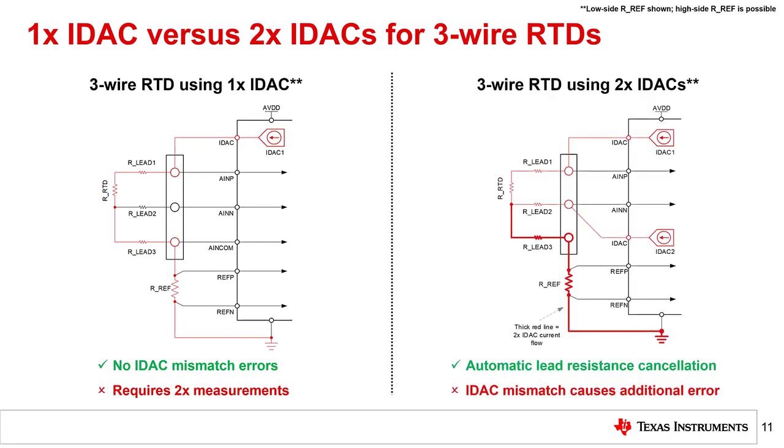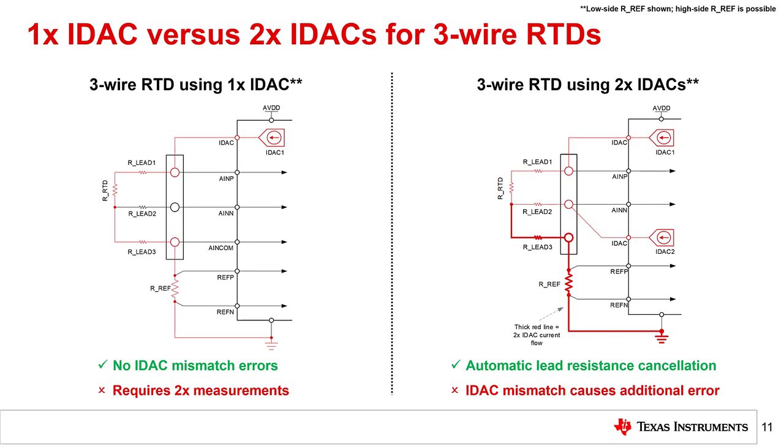Comparatively, a 3-wire RTD system that uses 2 IDACs for automatic lead cancellation is shown on the right. Note that in this case, only IDAC 1 is used to bias the RTD. The second current source, IDAC 2, creates a voltage across R lead 2 that has the same magnitude as R lead 1, but the opposite sign.